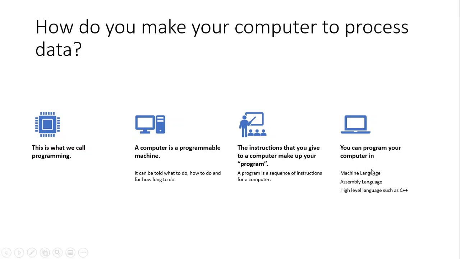By mnemonics we mean, for example, an assembly language instruction can be ADD A, B. This would be an assembly language instruction, and it would be translated into the equivalent machine language instruction. The software that does that translation is called an assembler. You will learn about machine language and assembly language in a course on embedded systems, maybe around the 5th semester.